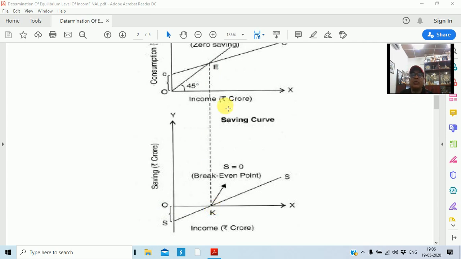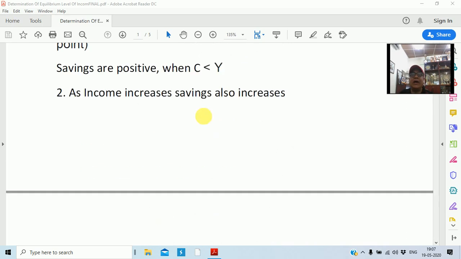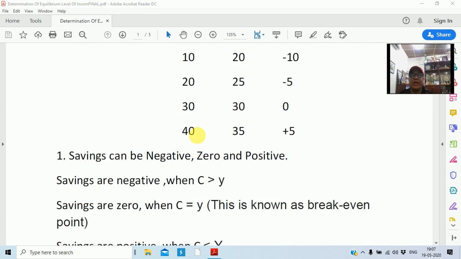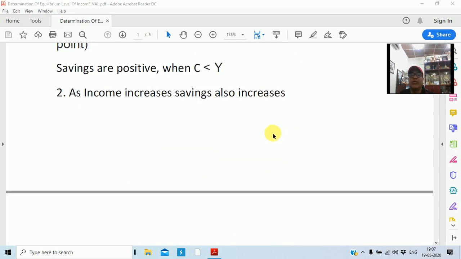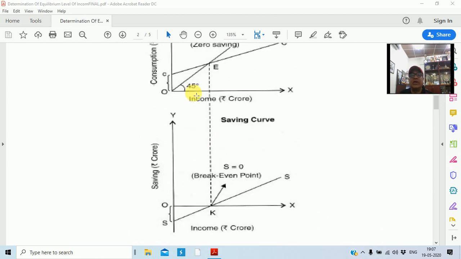And afterwards what happens? Income is more than consumption. And if income is more than consumption, what will happen to the savings? See here, when income is more than consumption, savings is positive, and that's why here the savings is positive. So this is how from the consumption function we can derive the saving function.